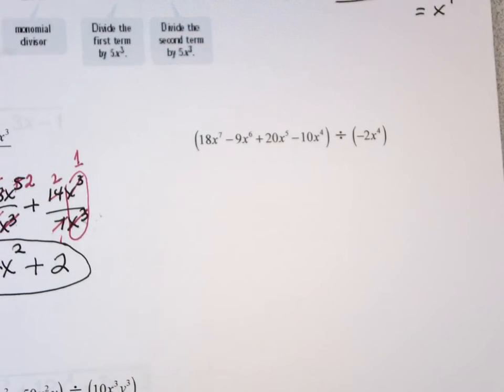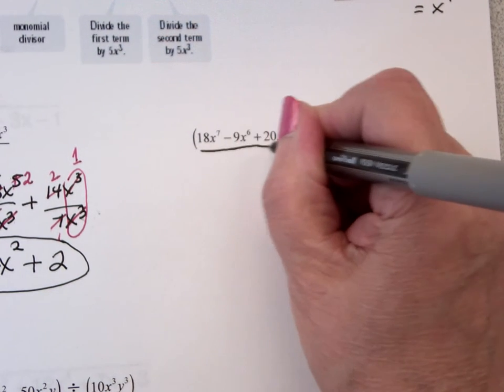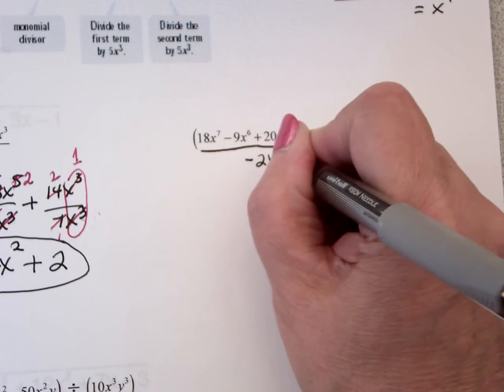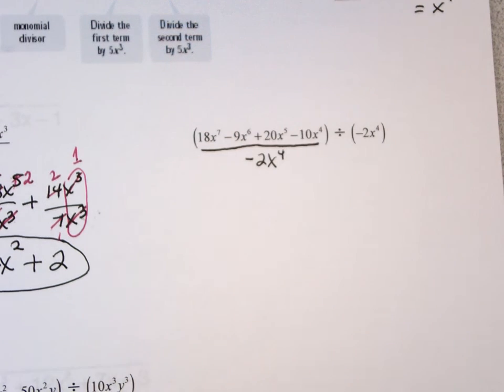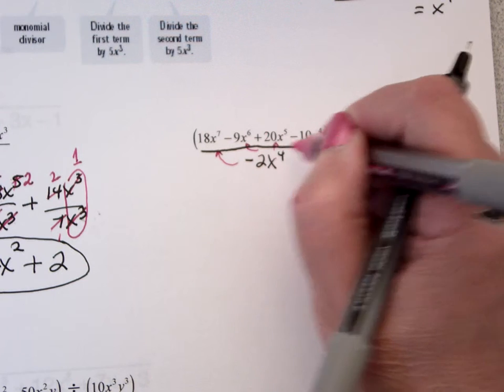Now, on this one, this is the same thing as saying it's this whole thing divided by minus 2x to the 4th. So I'm going to take 2x to the 4th, and I'm going to divide it individually into each one of these pieces.